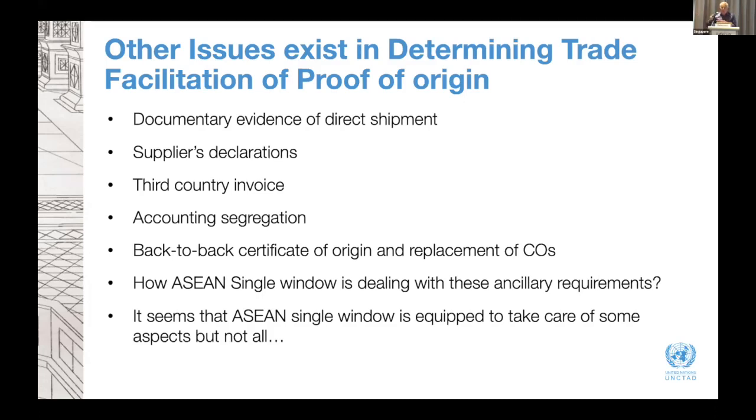You need to have a fair counter invoicing if the sale has been made by an intermediary. You need to provide documentary evidence to make sure that the goods that left your factory are the same ones received at the port of entry. And there are also issues related to back-to-back certificates of origin.